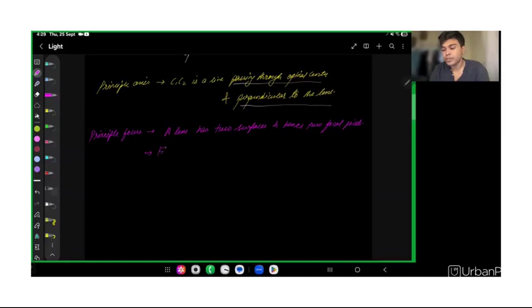First focal point is an object point on the principal axis for which the image is formed at infinity.